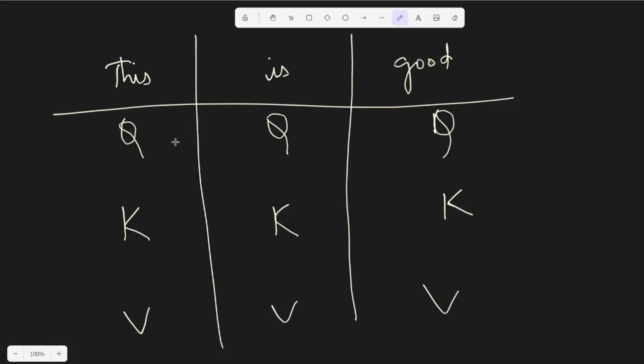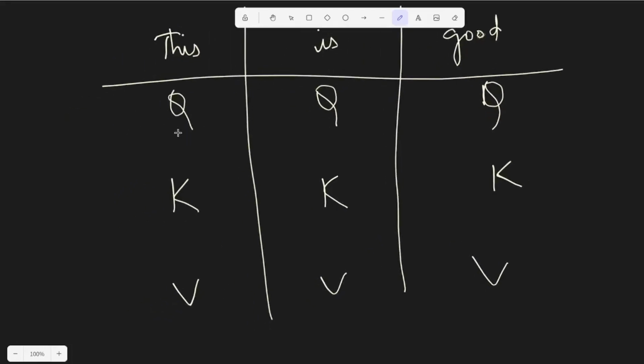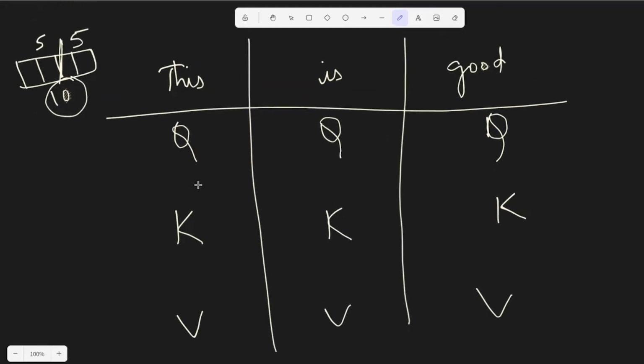What I would do is first get the query, key, and value vectors, and then I would go on to separating these. Just for the sake of this example, let's consider every vector is of size 10. What I do is I split it into 5 and 5 because we want 2 heads, right? So 5 and 5, equal size.